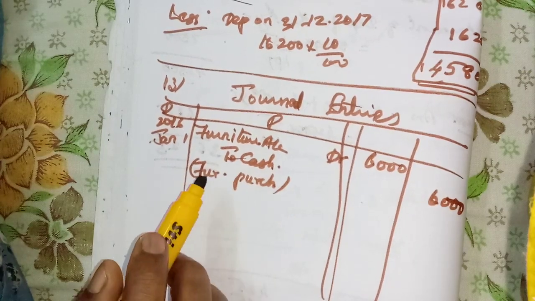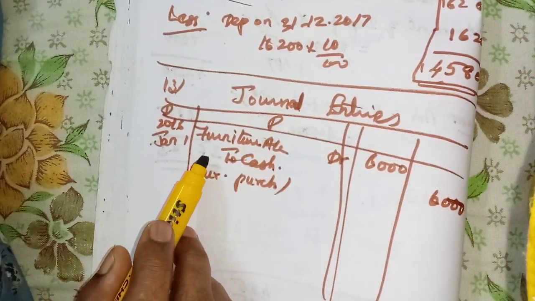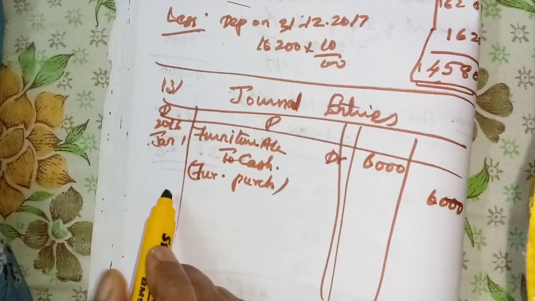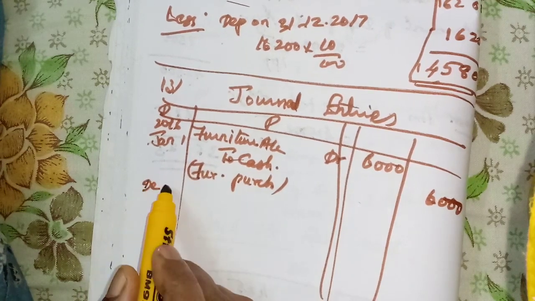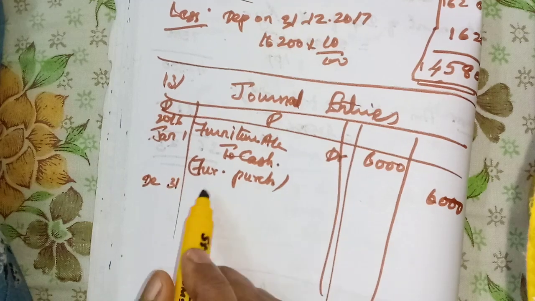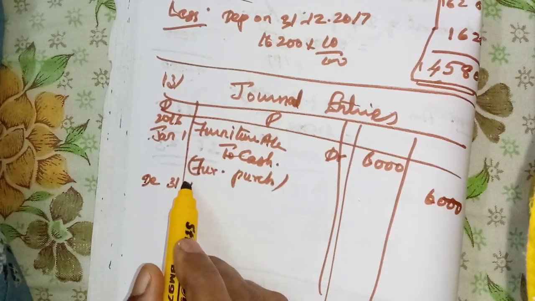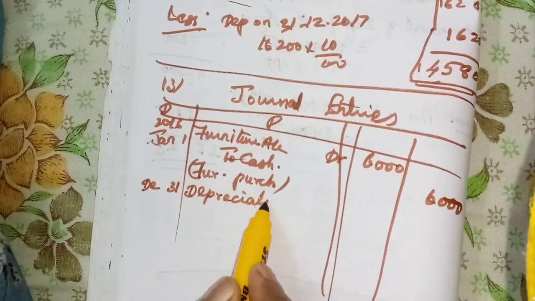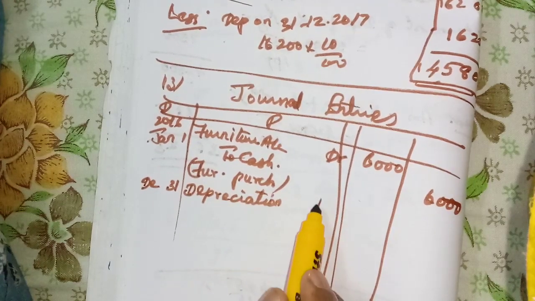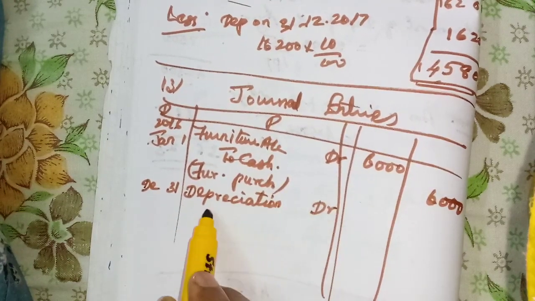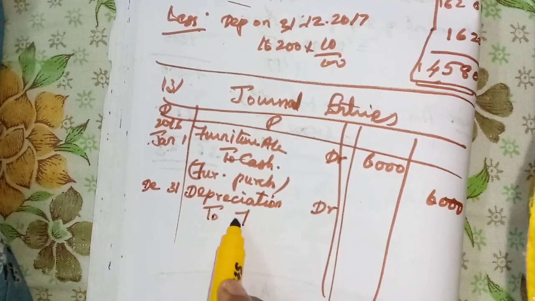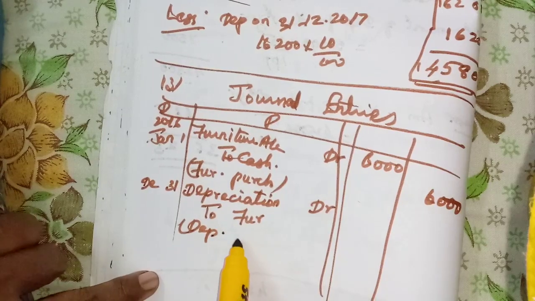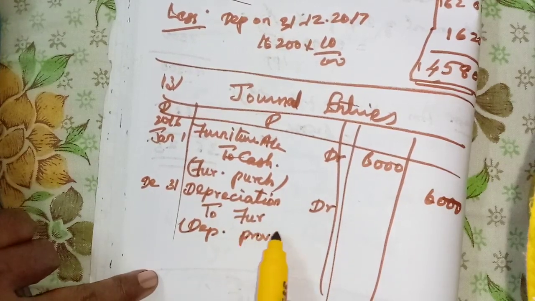Then at the end of the first year, when the accounts close, nothing given. So 1/1/2016, so it will end December 31, same year, isn't it? Here entry is depreciation account debtor. The entry is same only, okay, for any method. Depreciation account debtor to furniture account. Depreciation charged or depreciation provided.